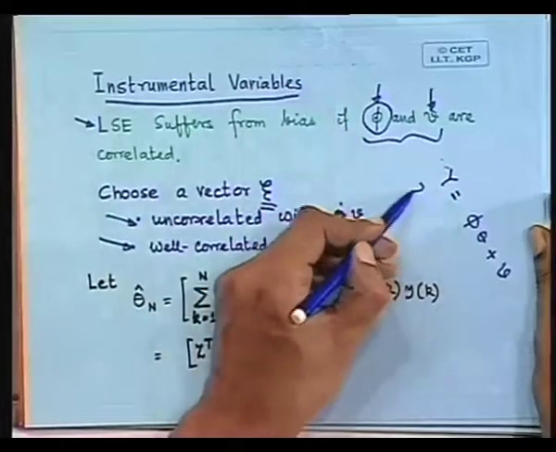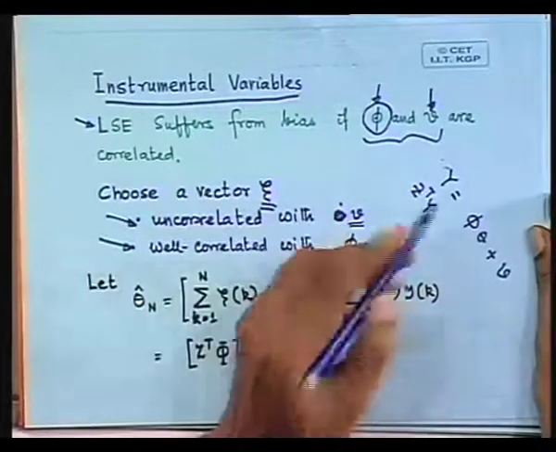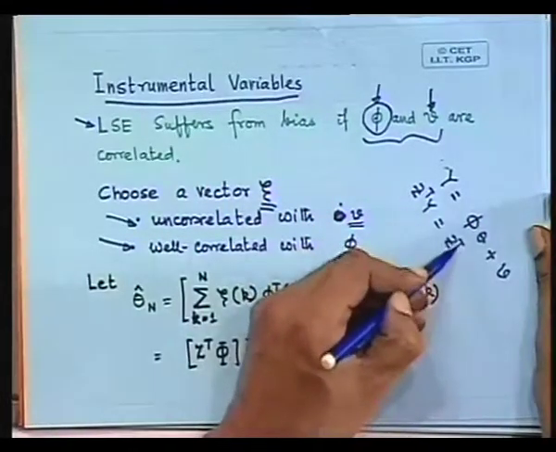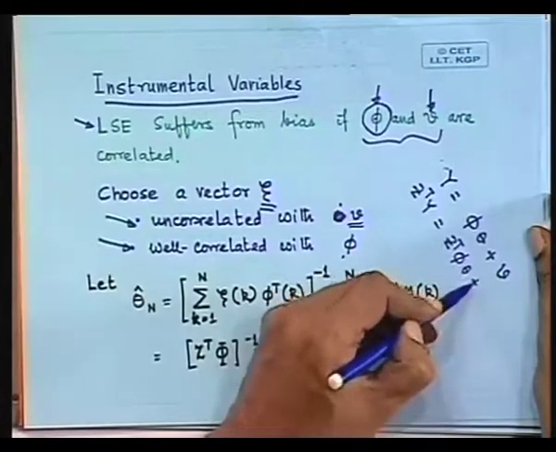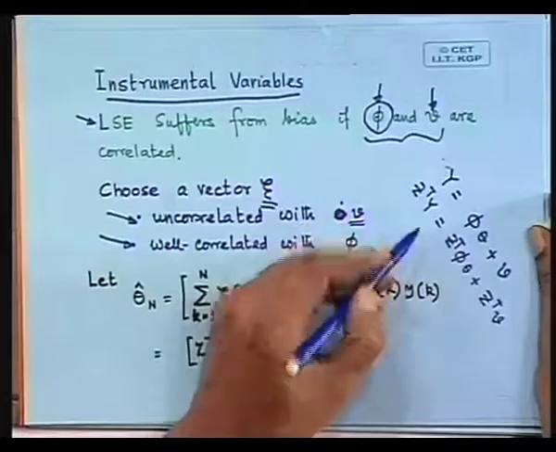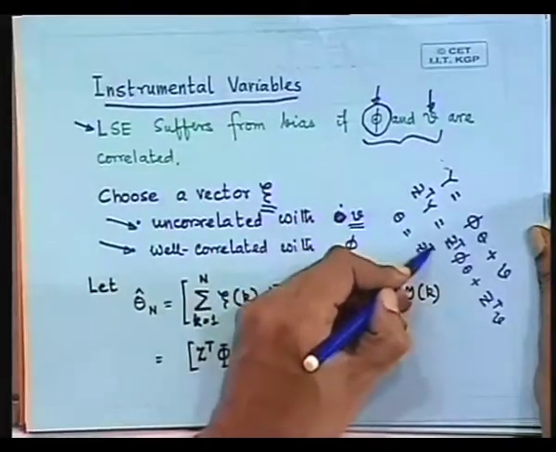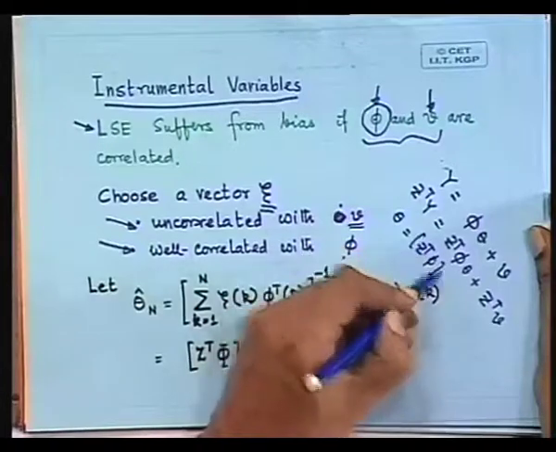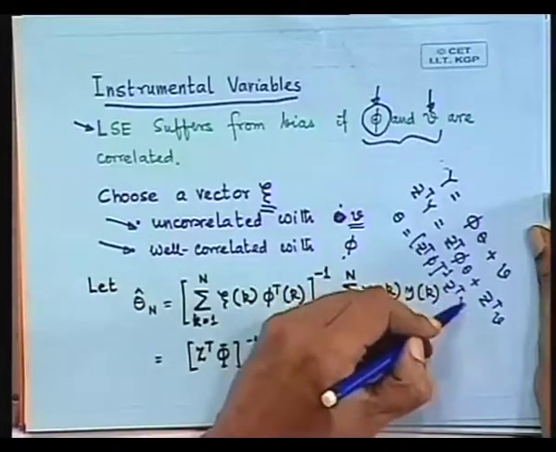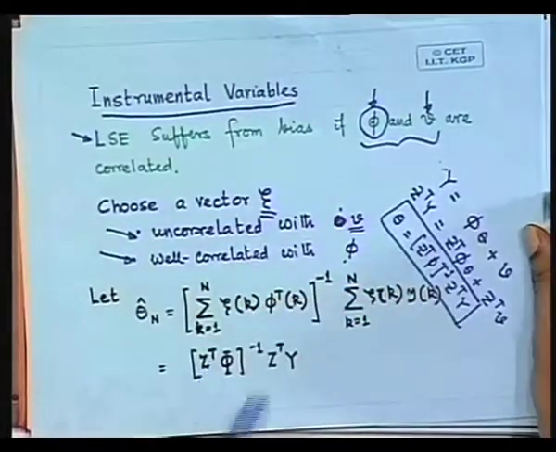Rather than doing that, let us multiply by a new matrix, Z transpose. Then it will be Z transpose y equals Z transpose phi theta plus Z transpose v. So now, what is your theta? Take theta as Z transpose phi inverse Z transpose y. Suppose you calculate theta like this.